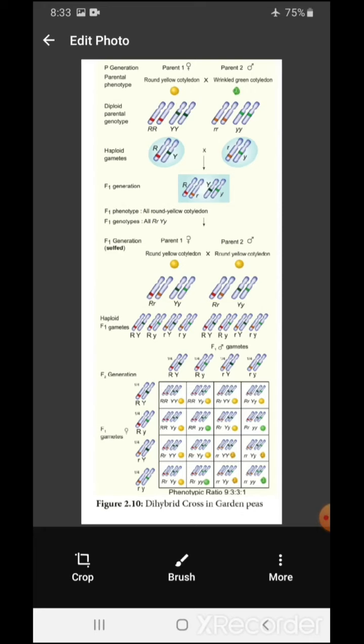For example, the seed color, which is the cotyledon color, is located in the first chromosome, whereas the seed shape is located in the 7th chromosome. So they do not depend upon each other because the genes are located in different chromosomes.